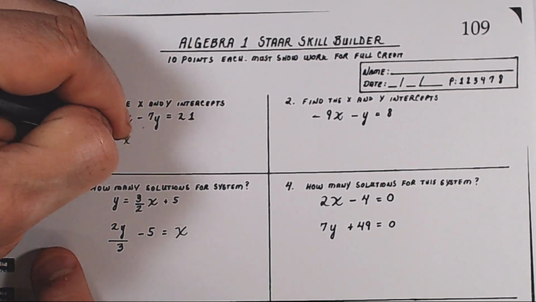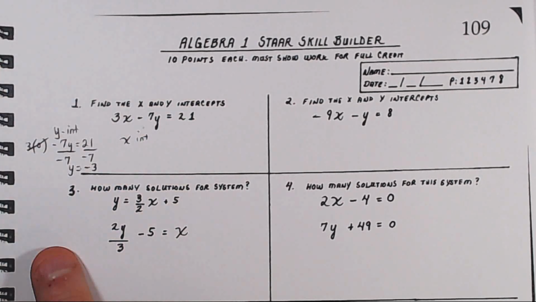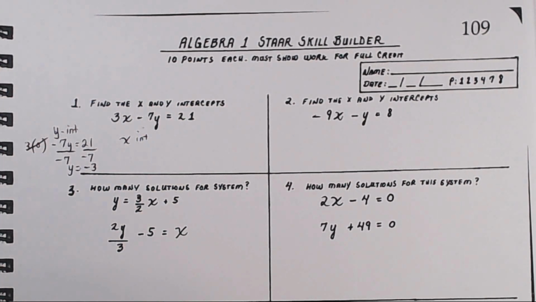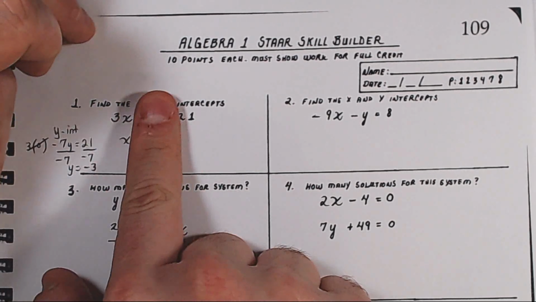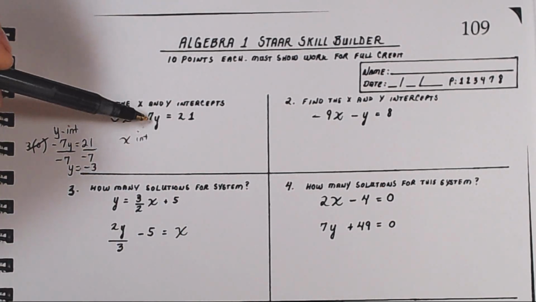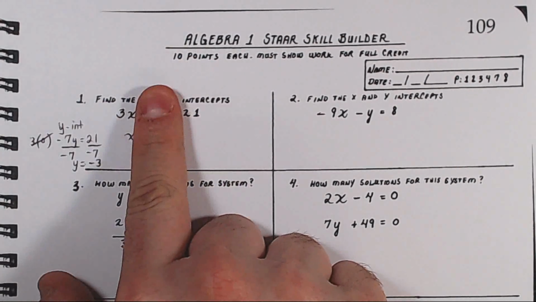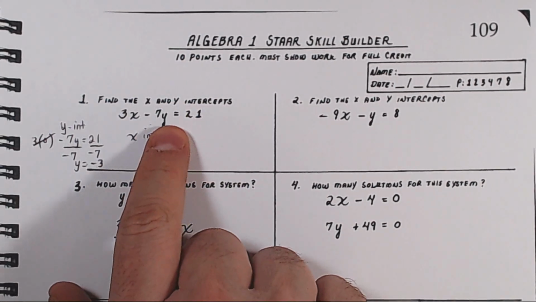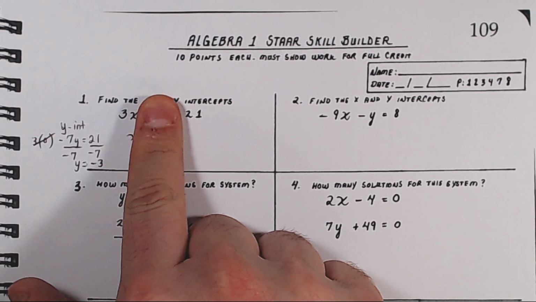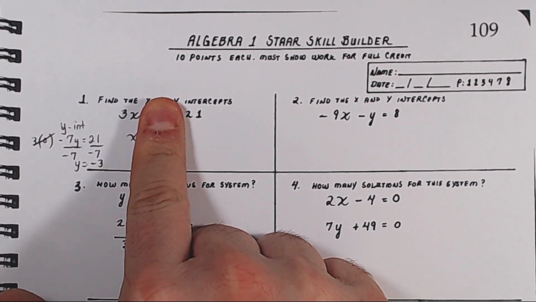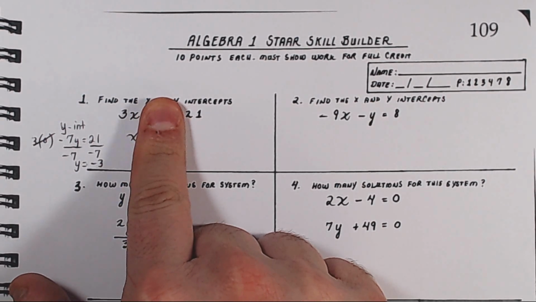How about the x-intercept? The question you have to ask is, what is x when y is 0? In other words, we're just blocking out that term, because I know I'm going to plug a 0 in there for the y. So I can just block it out and answer the question looking up at the problem. 3x equals 21. So what's x?